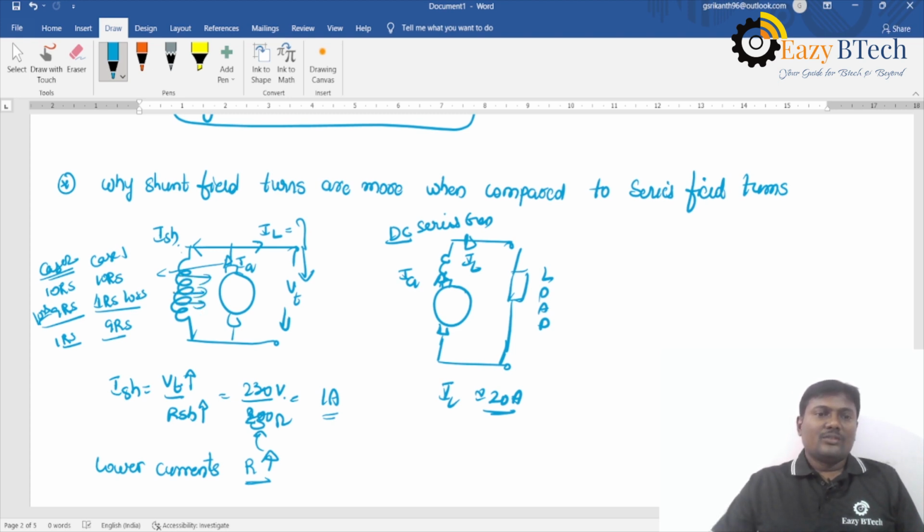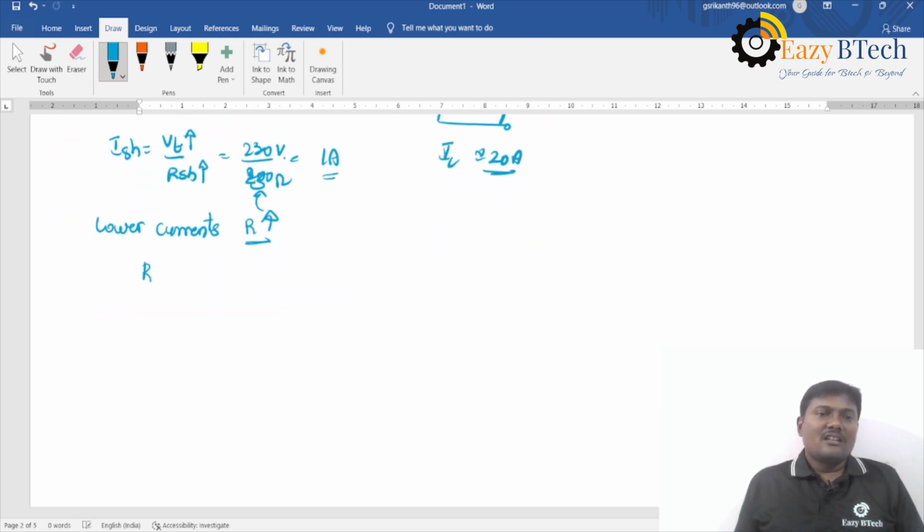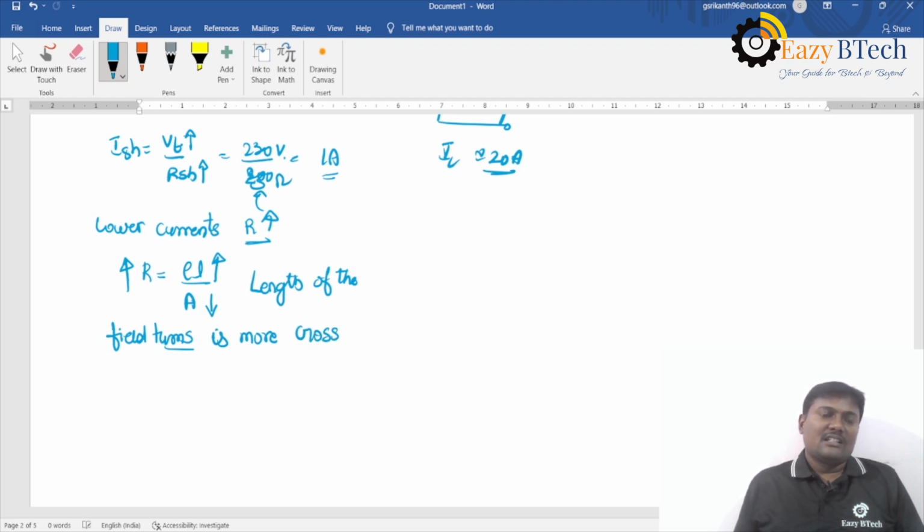So in order to get more resistance, R is equal to rho L by A. The length should be increased and the area should be decreased, then only the resistance will be more. That's why the length of the field winding is more and the cross sectional area of the conductor is less.